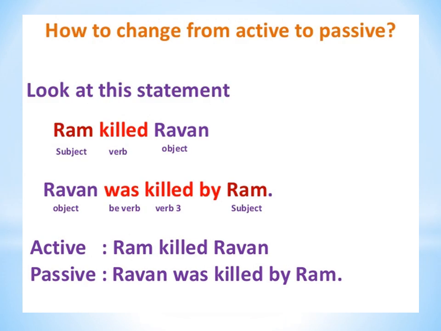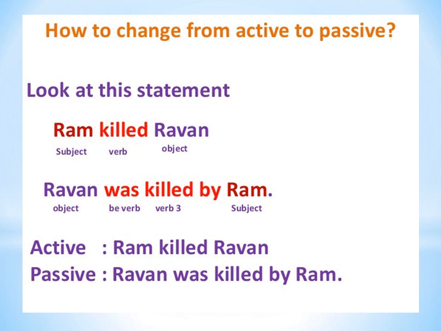Now, the question is how to change a sentence from an active one to a passive one. Let us look at the following sentence. Ram killed Raven. Ram is the subject, killed the verb, and Raven is the object. If I'd like to make it passive, then I'm going to move Raven, the object, to the beginning of the sentence.